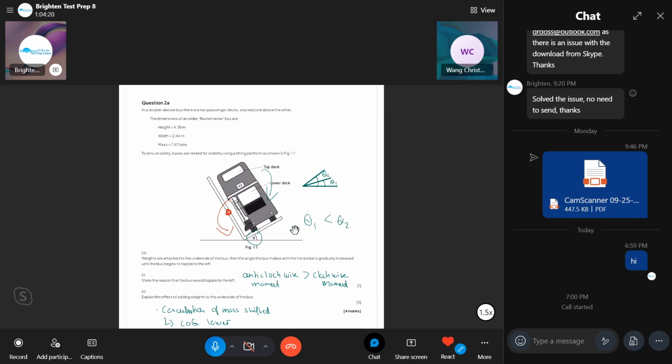A higher angle, very practical and straightforward, but it's important that we voice it out. Increased stability, and that means higher angle, higher degree, until the bus topples. Exactly, that is basically the 3-mark question result. Okay.